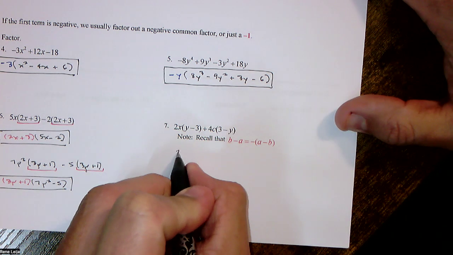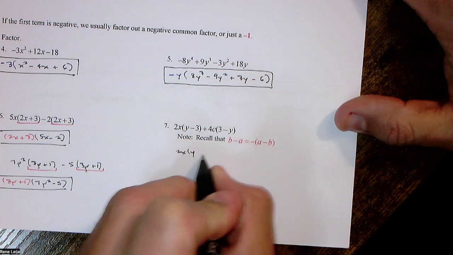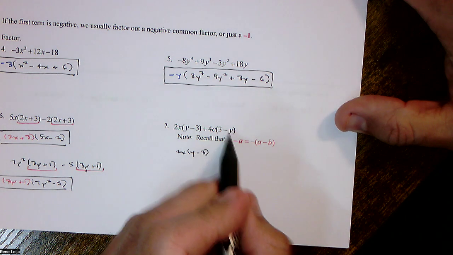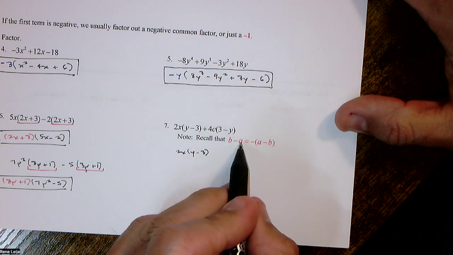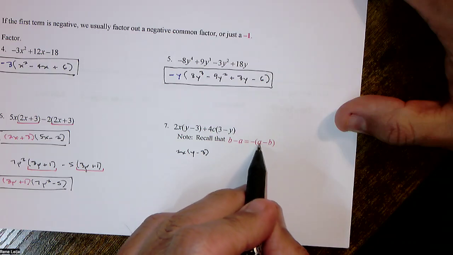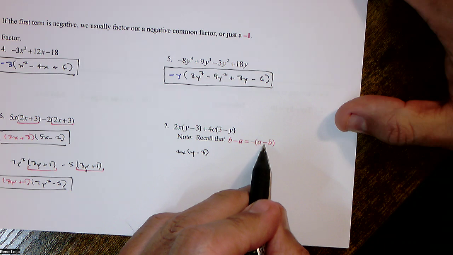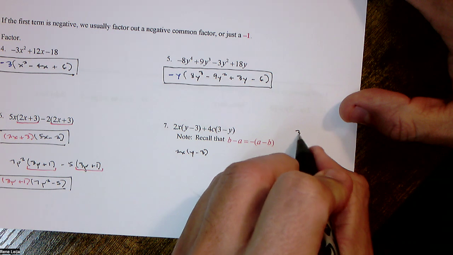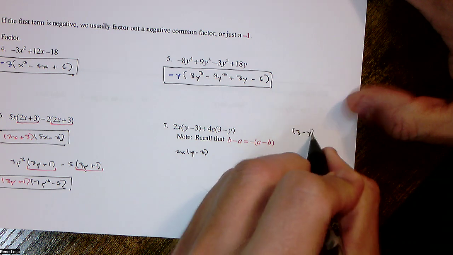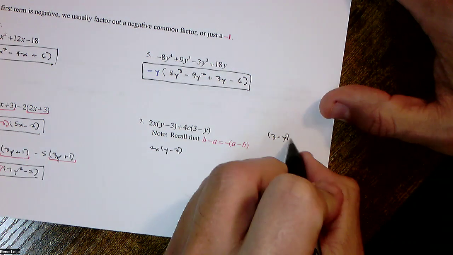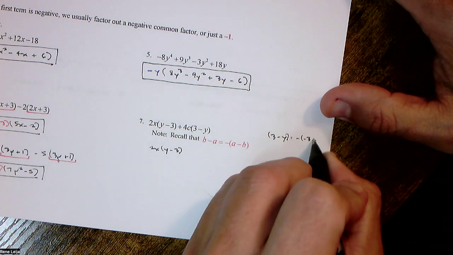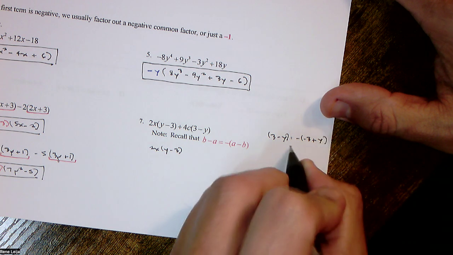So in other words, here's what we're going to do. I'm going to rewrite this. Now the 3 minus y is going to turn into minus y minus 3. Let me do this. So 3 minus y. All right, if I take a negative out, then that means that's a minus 3 plus y.